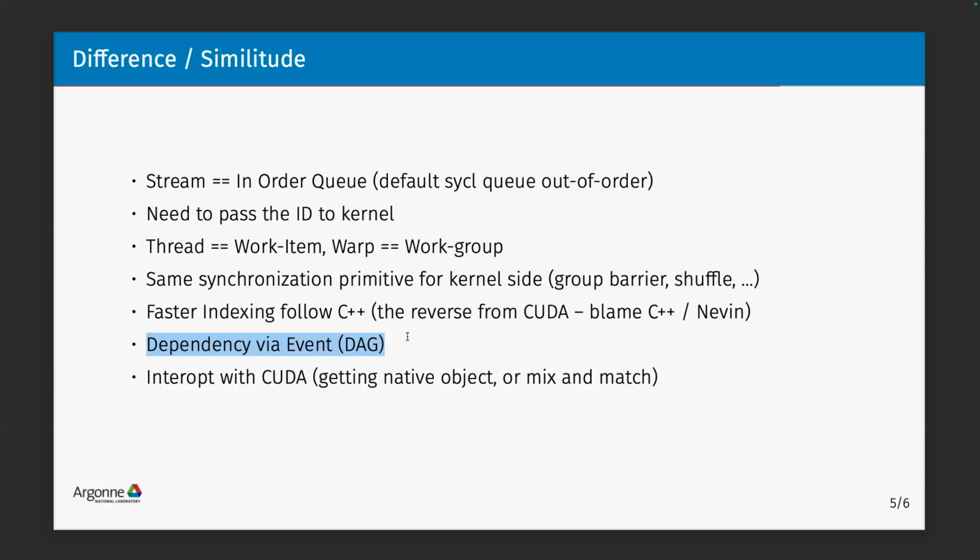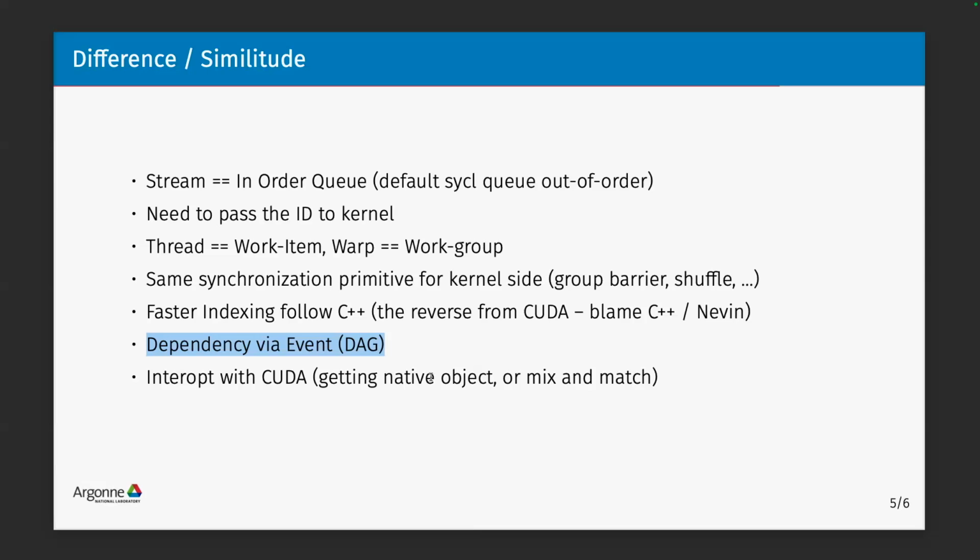That way you don't have to call dot wait each time, because dot wait has a pretty big overhead, and you really want to minimize the number of sync points. Events and dependencies are a pretty clean way of doing it. It's like, for example, in OpenMP, you have depend in, depend out. So an event allows you to do this kind of nice thing.